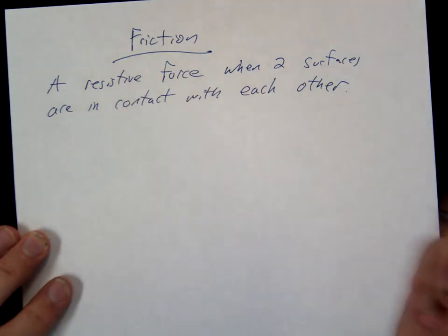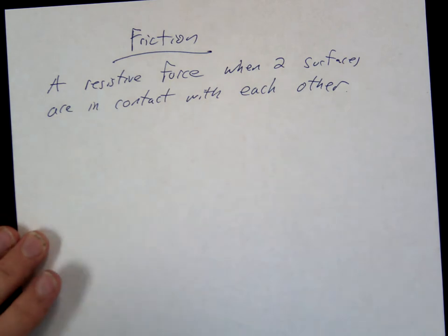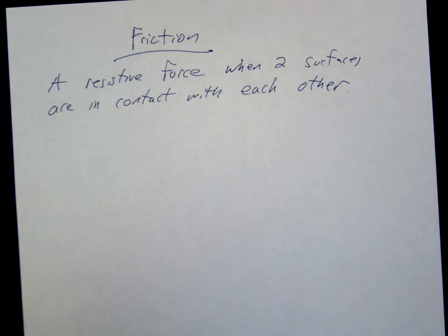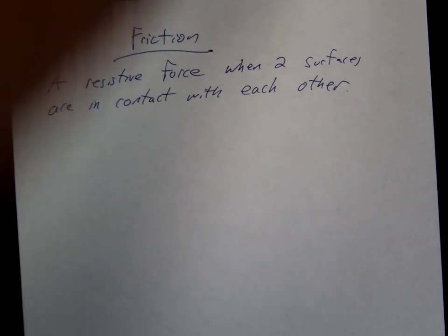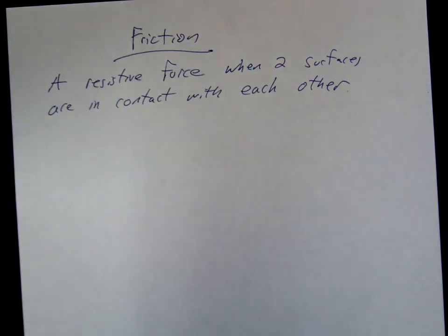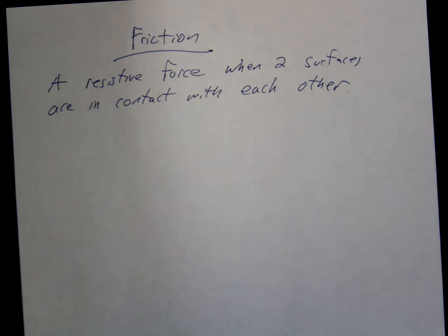And so the reasoning for this, well, if you were to look at two surfaces, they might look smooth. Like, if I take this book with this lab station, they both look like they're really smooth, right? However, if you looked at them with a microscope, how are they going to look? Very different.